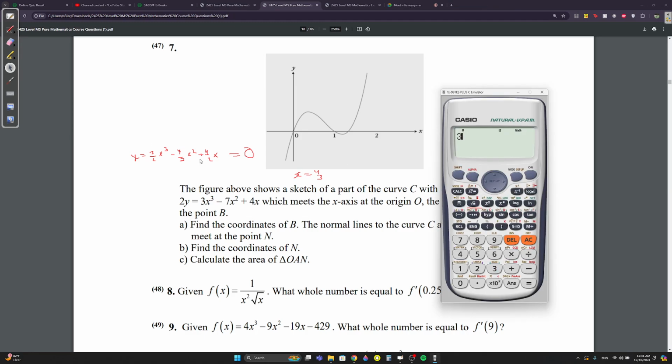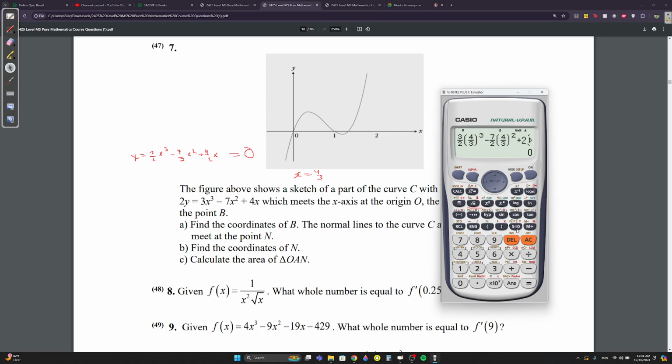So write 3 over 2 times 4 over 3 cubed, minus 7 over 2 x squared, so 4 over 3 squared, plus 4 over 2, which is just 2, times 4 over 3.